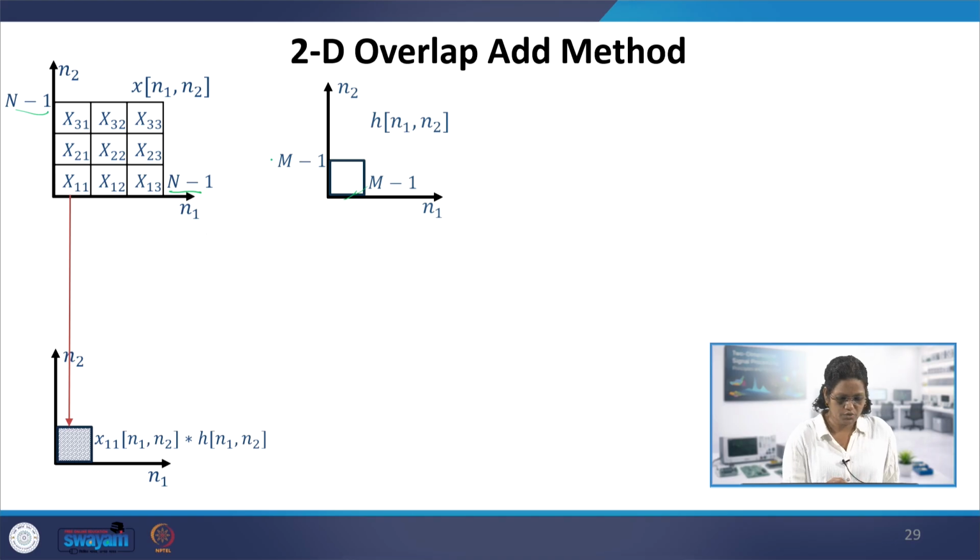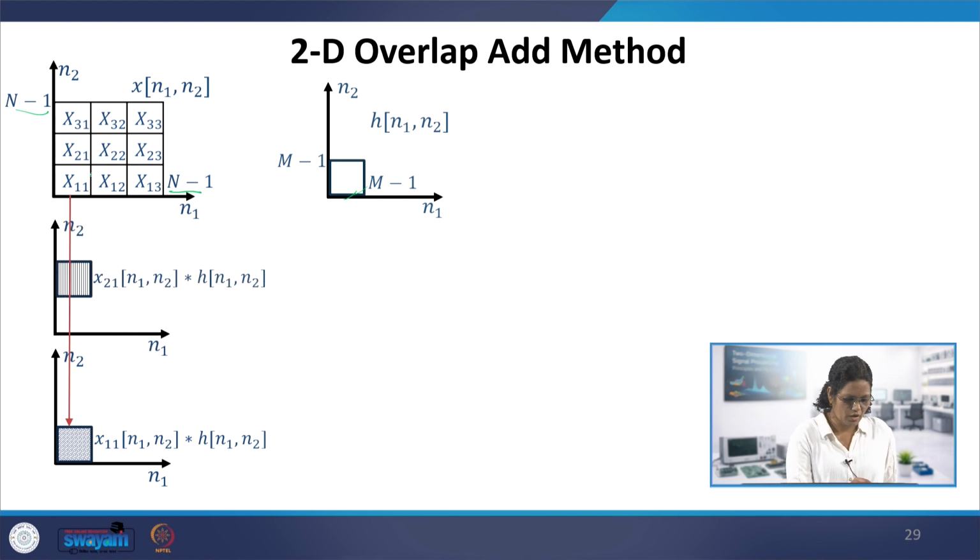This convolution of these two is put over here, in the corresponding position, and we will take the next one, that is X21, this portion here, and convolve it with H of n1 comma n2. This is 2D linear convolution, which we have already done, and keep that in that portion.